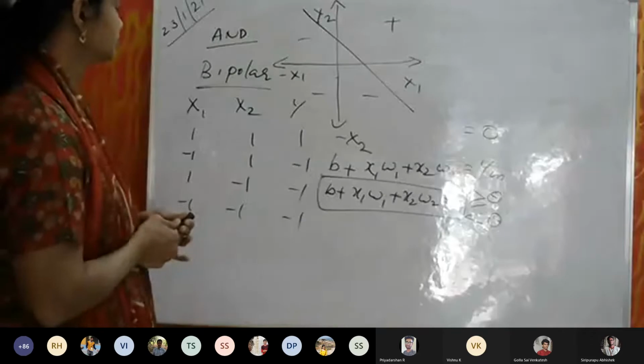Now let us see a simple solution for this. I take this line and keep only x2 on one side and write the rest of the things on the other side.